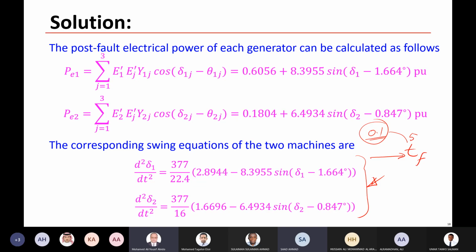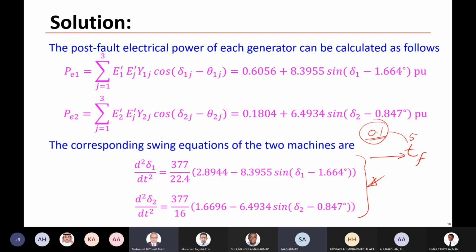Actually, this is not a steady state stability to have 90 degrees. This is the transient stability. You have a fault. So as we mentioned earlier, the angle during the fault can go beyond 90 degrees. Is it clear? Yes. 90 degrees has nothing to do here.